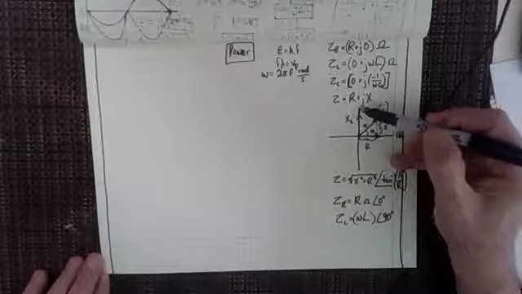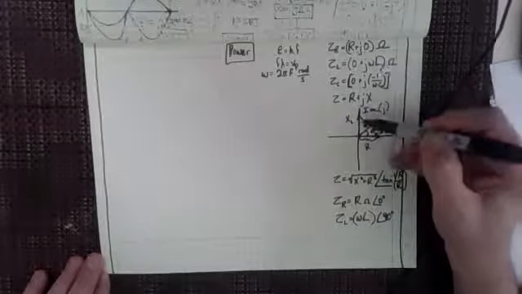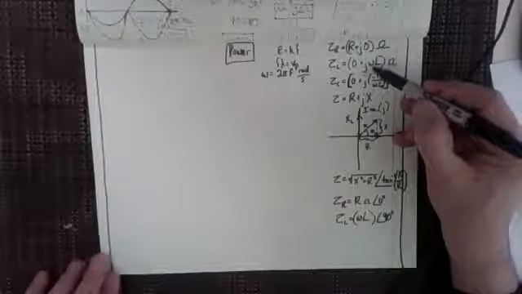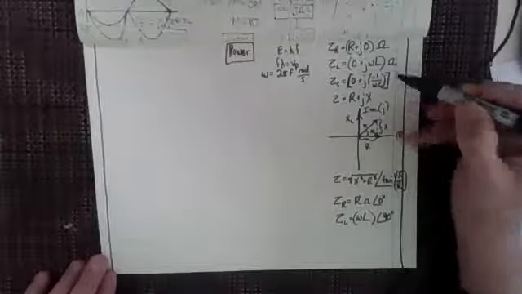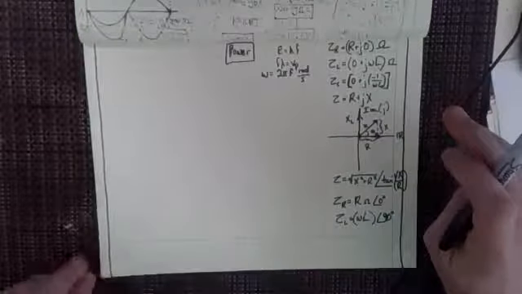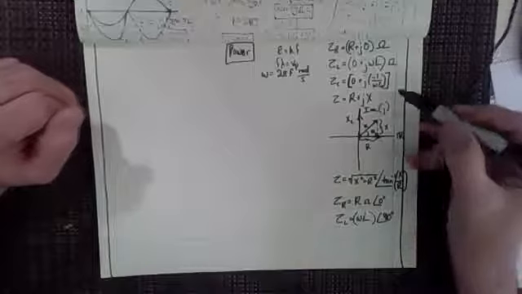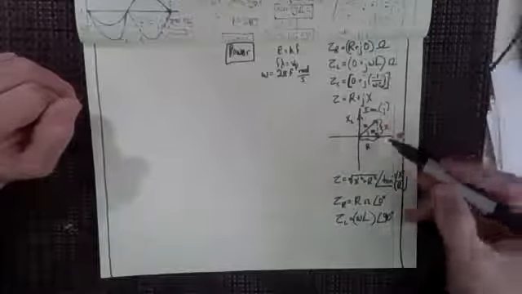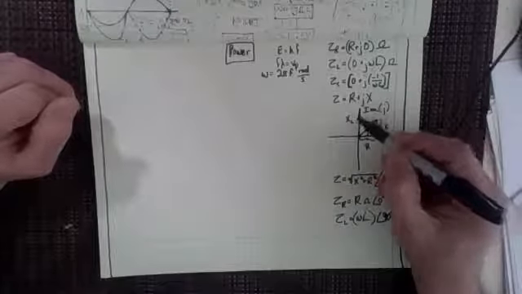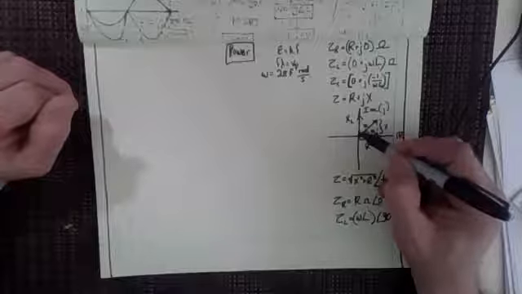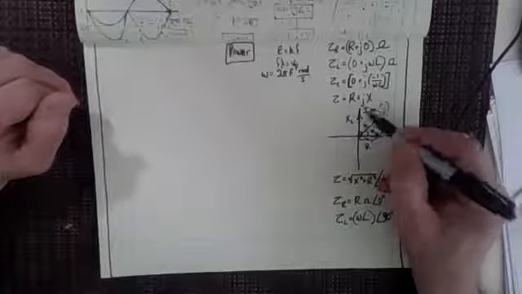And what would be its magnitude? Its magnitude would be omega L, right? So, yeah, I shouldn't have put those two things there, but whatever. So that's what its magnitude is. And it would be in the positive 90 degrees, the imaginary axis.